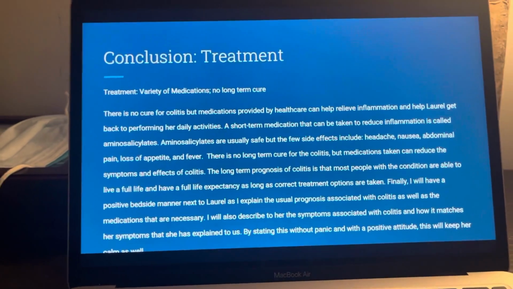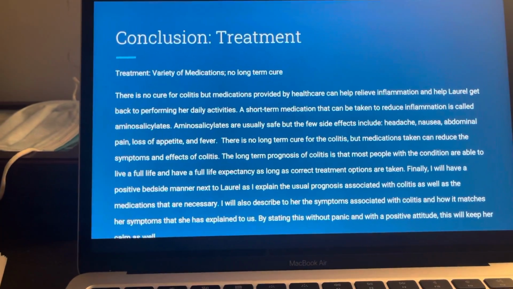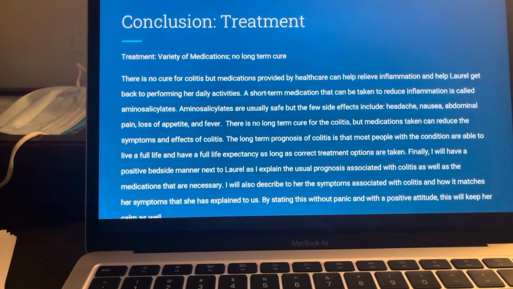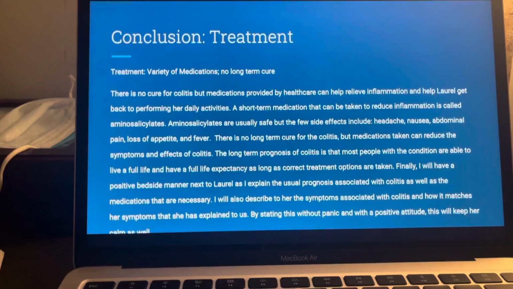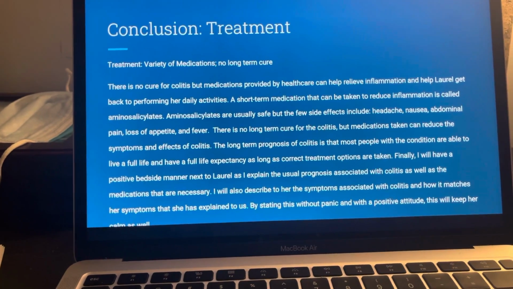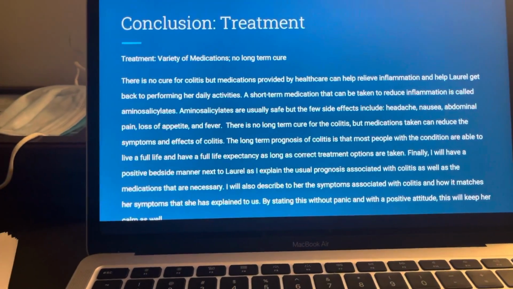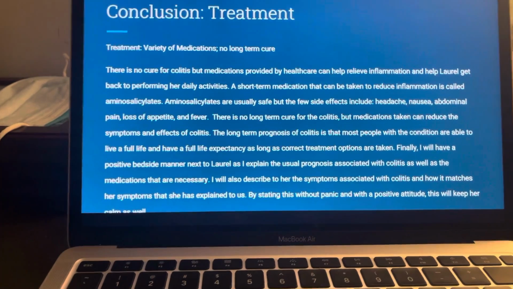A specific short-term medication is aminosalicylates. They're usually safe, but there are a few side effects listed there, which are headache, nausea, abdominal pain, loss of appetite, and fever. So that's one option that can be taken.